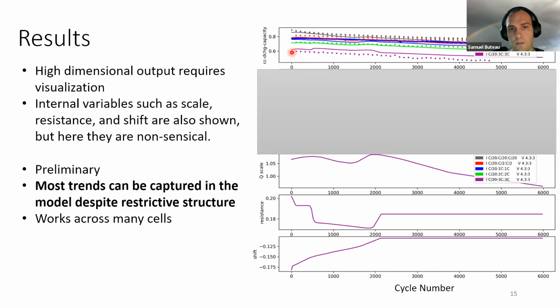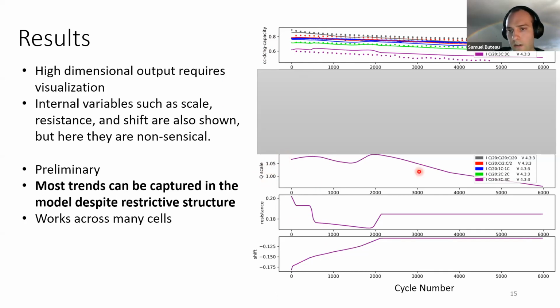I'm skipping over a few details. For example, we also have a dependency on voltage that I'm not showing here. So these models' outputs are very high dimensional, and the model can fail to capture the signal in the data in many different ways. That's why we use visualization to assess the performance and understand what's going on. Along with this primary prediction, there are the internal variables of the model that are the direct inputs into our equations.